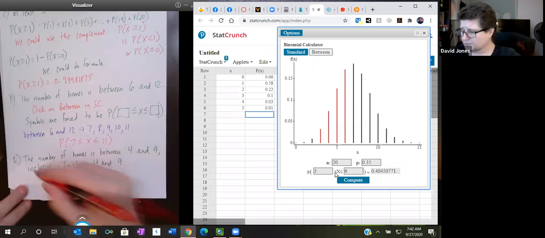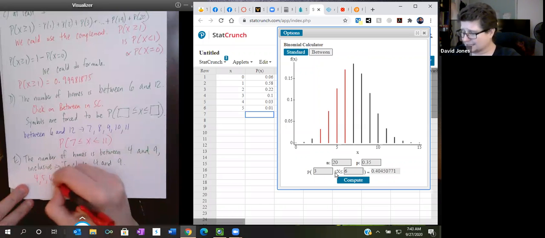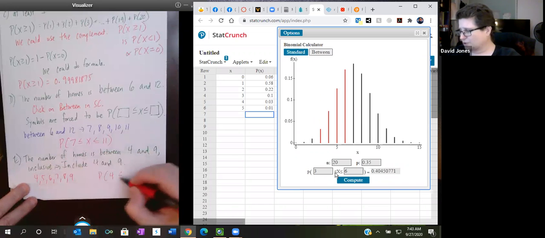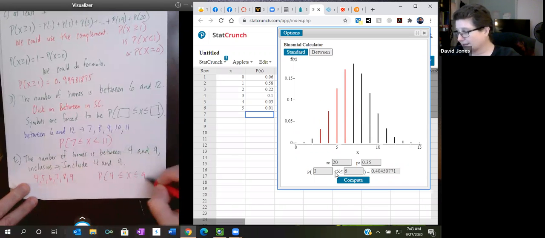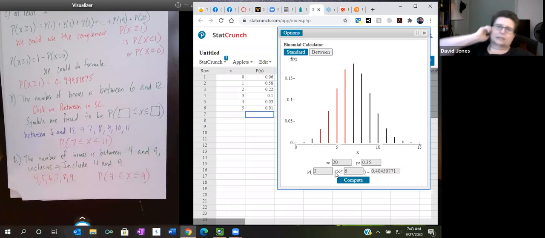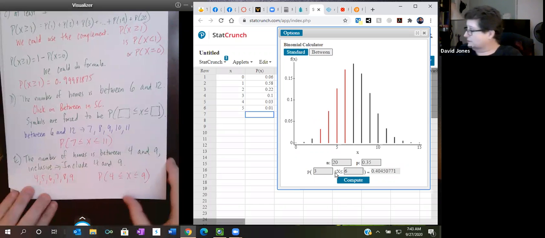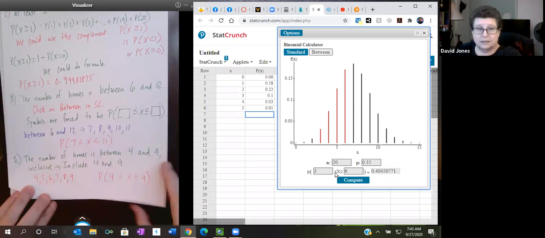Which means my options are 4, 5, 6, 7, 8, or 9. And StatCrunch will actually use the 4 and 9 there. So if you see the word inclusive, it means include the values that it's saying it's between. If you don't, it's the other way.